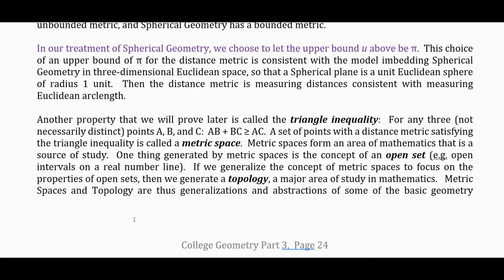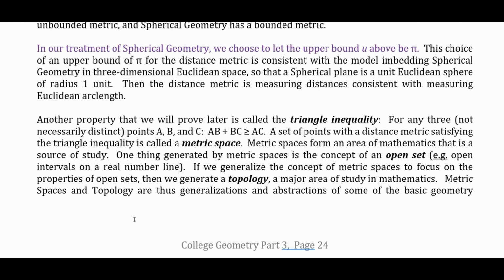measured in radians. Another property that we'll prove later is called the triangle inequality. For any three not necessarily distinct points A, B, and C, the distance from A to B plus the distance from B to C has to be greater than or equal to the distance from A to C. A set of points with a distance metric satisfying the triangle inequality is called a metric space. Metric spaces form an area of mathematics that is a source of study.